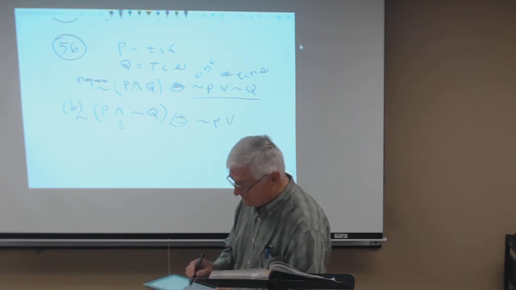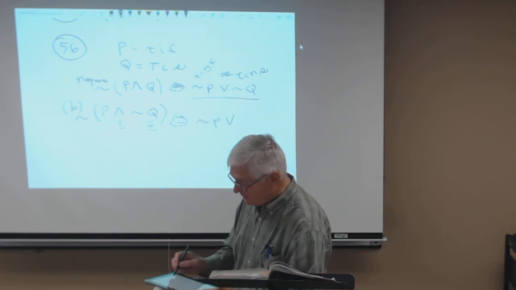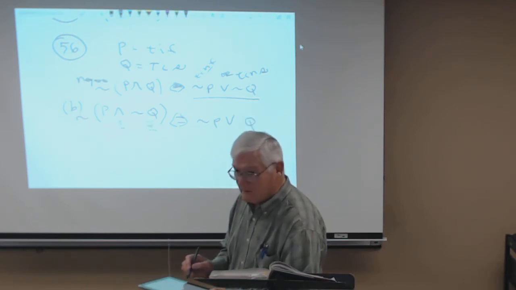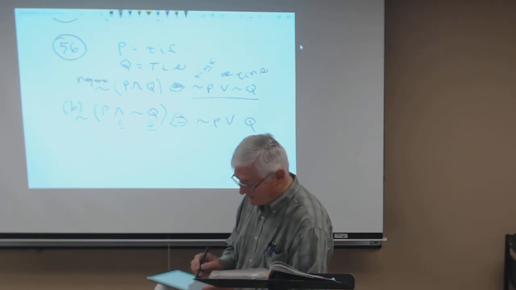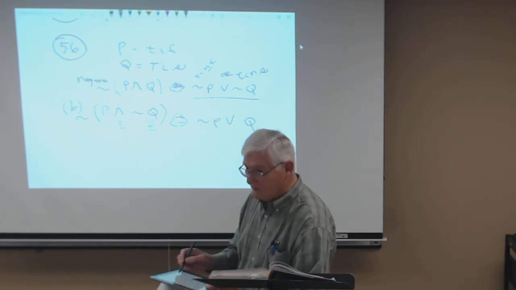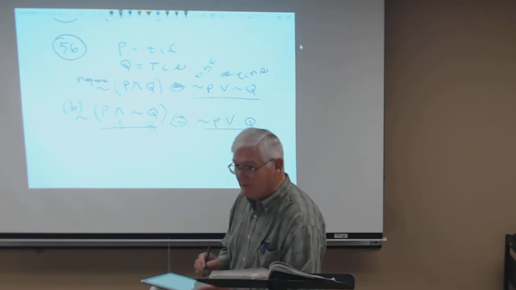Or, then what happens to negate this? What's the negation of not Q? Q. Everybody follow what I did? I took what they gave me, put it in parentheses, put the tilde out in front, negated it, and that's equivalent to not P or Q. Does everyone see where these two are equivalent?